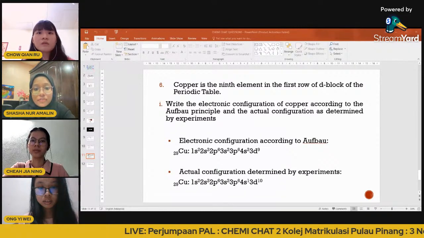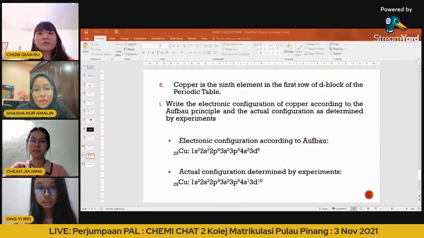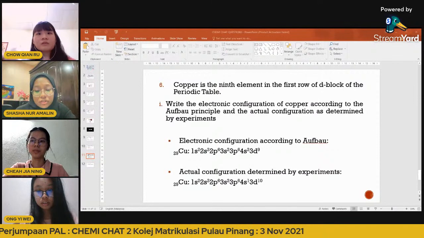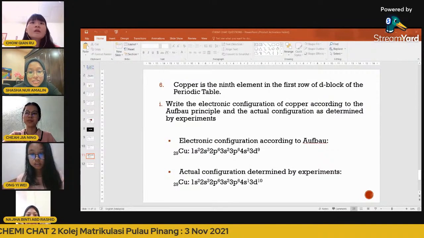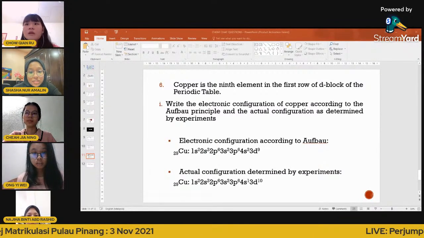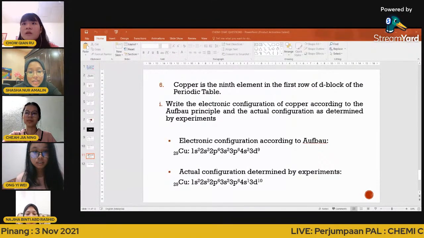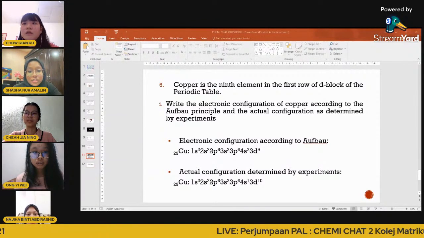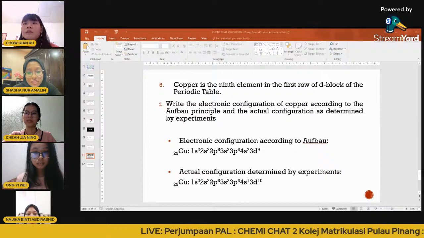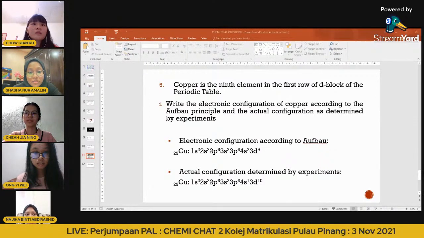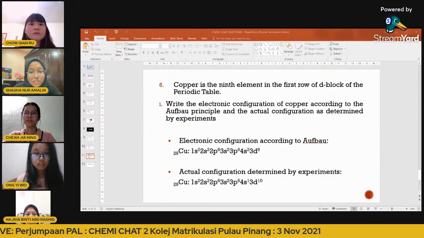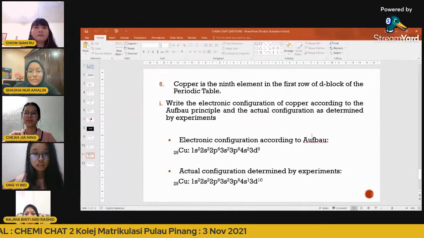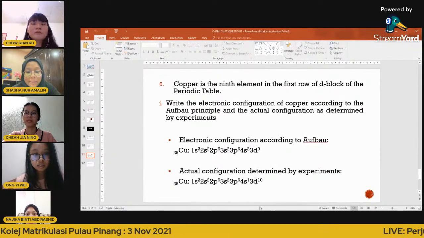The electronic configuration of copper according to Aufbau is 1s2, 2s2, 2p6, 3s2, 3p6, 4s2, 3d9. And the actual configuration determined by experiment is 1s2, 2s2, 2p6, 3s2, 3p6, 4s1, 3d10.